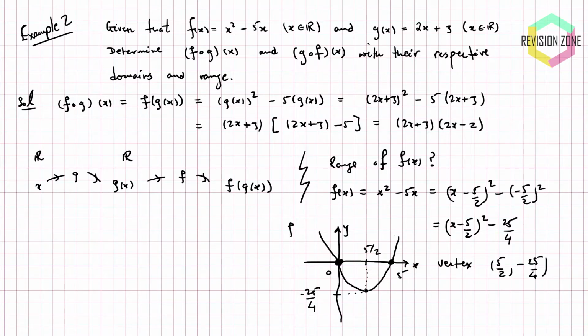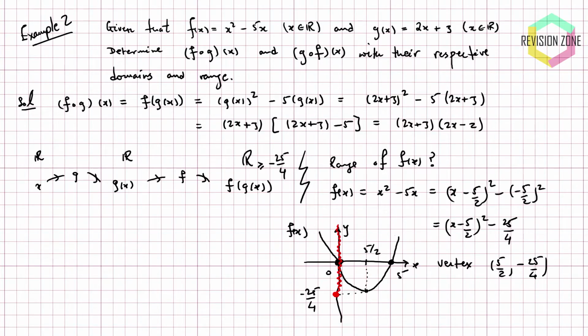So we've managed to get the graph of f of x, and we see that the range here is necessarily going to be everything on the y-axis which is more than negative 25 over 4. So I can now come back here to my description, and I can say the range has to be all the real numbers which are bigger than or equal to negative 25 over 4.